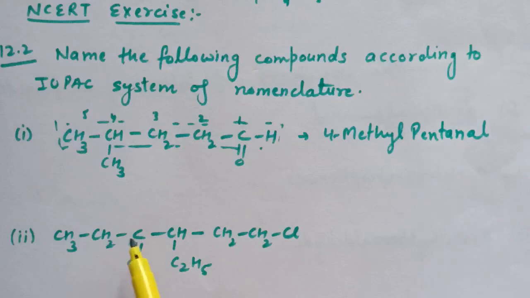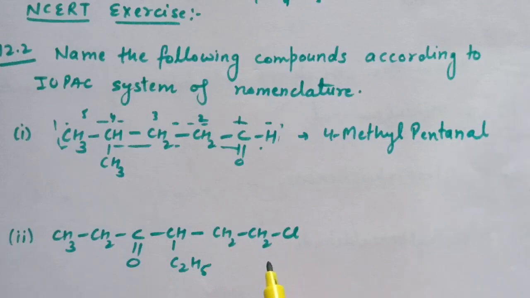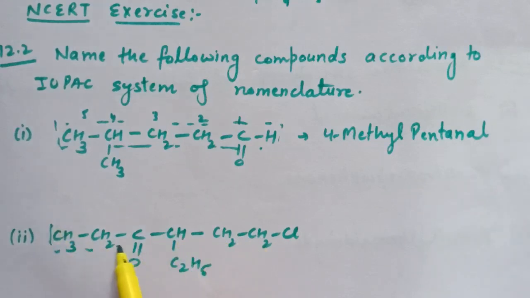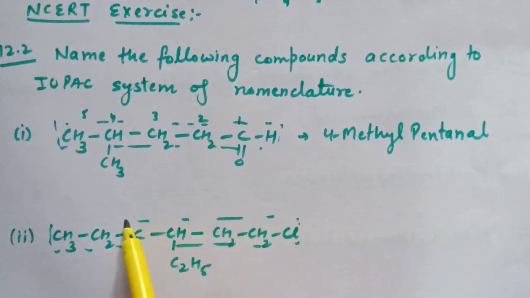Next is CH3CH2C double bond O CH CH2CH2Cl. Now here the longest chain contains 6 carbon atoms. 1, 2, 3, 4, 5, 6. But if we consider this as the main chain, we have 2 substituents, one is ethyl and this Cl.